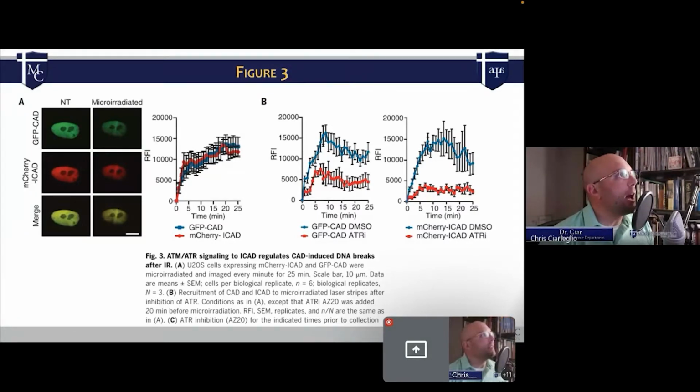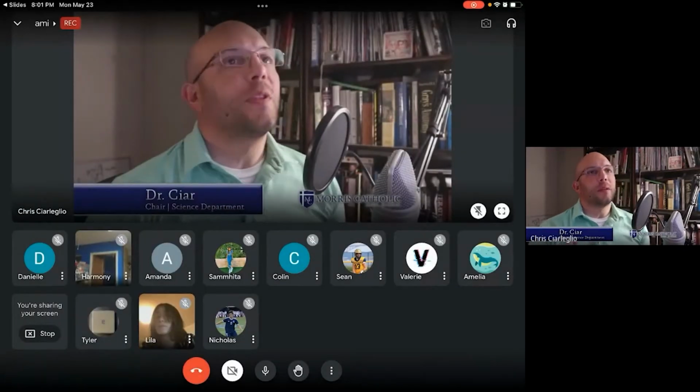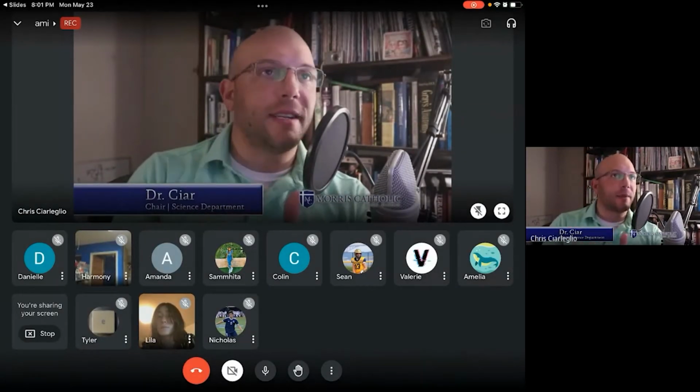And on the left column is the control. The right column is irradiated, but they have actually introduced something. I did something like this in my research.